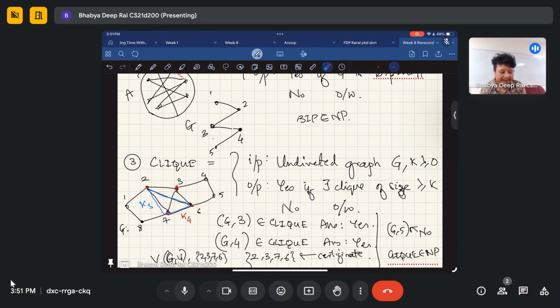Then I ask you 5, and you will not be able to tell me because there is no clique here of that size. So this is an important point about NP problems: if the certificate does not exist, if the answer is no, you will not be able to find the certificate at all.